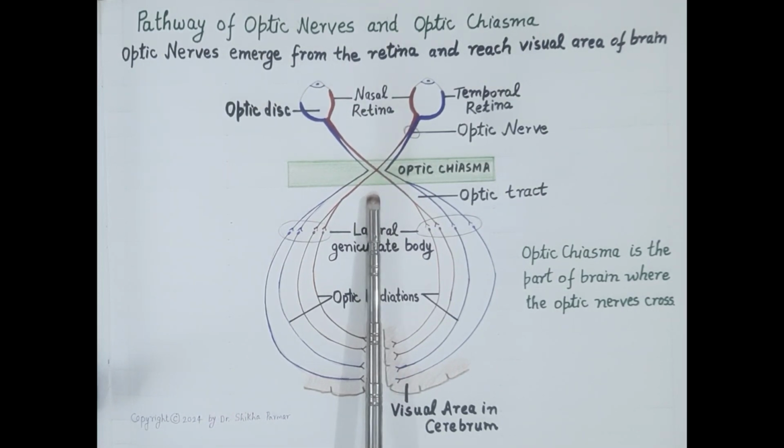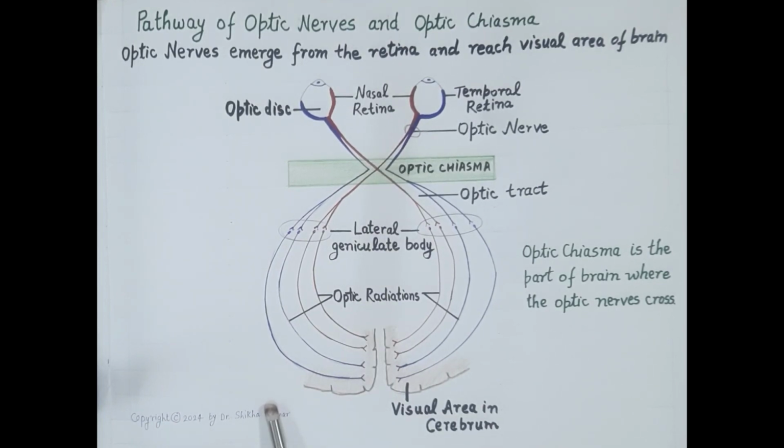This optic chiasma gives us binocular vision, and therefore we are able to see the three-dimensional view of each object. So, this is all about the pathway of optic nerves and optic chiasma.